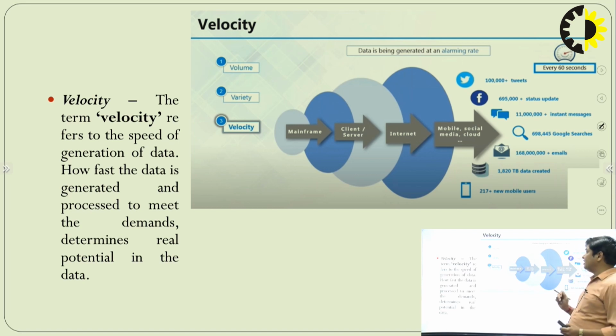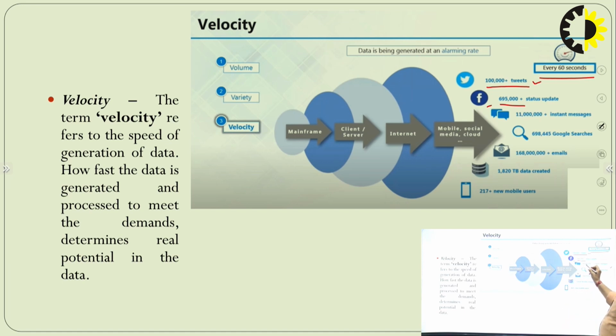You will see inside this figure the data of every 60 seconds. If we are talking about tweets, approximately 10 lakh tweets come within 60 seconds. If we are talking about Facebook, approximately 6,95,000 statuses will be updated within 60 seconds.